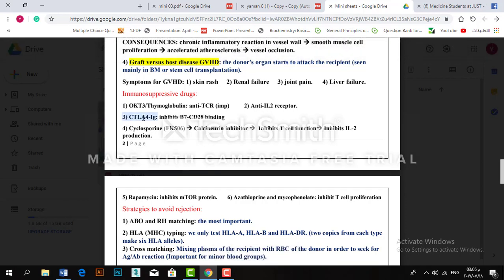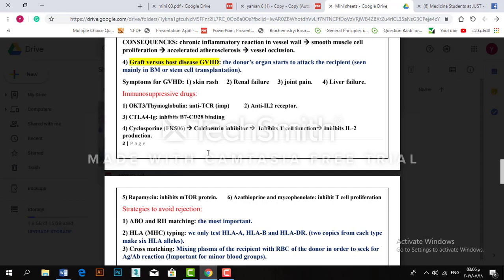We have CTLA4 immunoglobulin, which inhibits what? B7 and CD28 binding. As we will see after this lecture, B7 is present on the APC, and CD28 is present on the CD4 T cell and the CD8 T cell, cytotoxic and T helper.